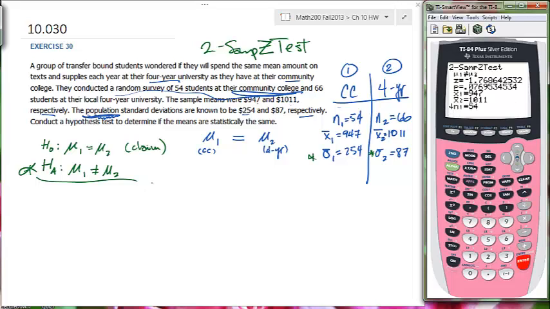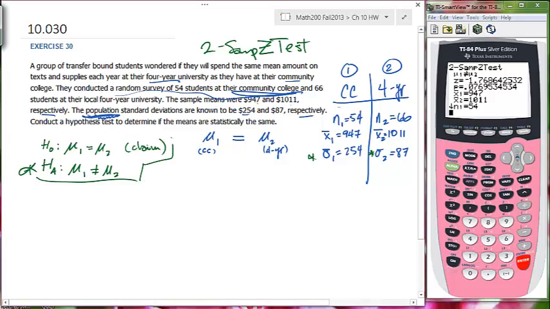Okay, since you're using the 2-SampZTest, you're using the standard normal distribution. So your test statistic is going to give you a z value. Z is equal to negative 1.768, and that is fairly close to 0, almost to the edge of our 2 standard deviations away.